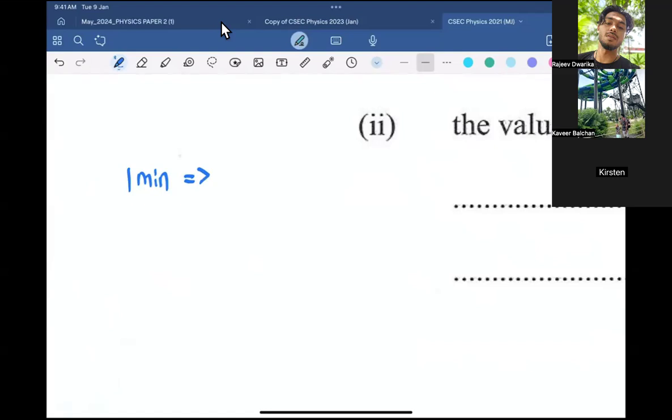It's not a tricky question. What's periodic time again? Periodic time is the time taken for one oscillation to be completed. So if I tell you the periodic time is 1 minute, how many oscillations happen in 1 minute?